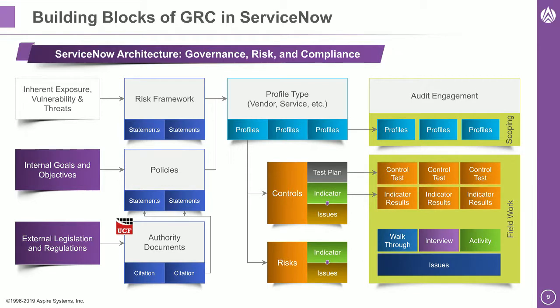Take for example the access control policy, which is aligned with the access control objective in the ISO 27001 standard. Under the access control policy, we will create multiple policy statements. For user provisioning, we'll have a policy statement. For the password standards, we'll have a policy statement. And for secure logon practices, we'll have a policy statement.